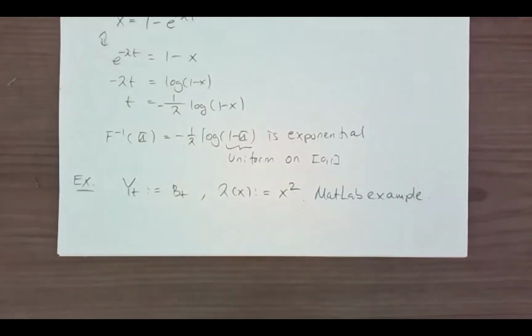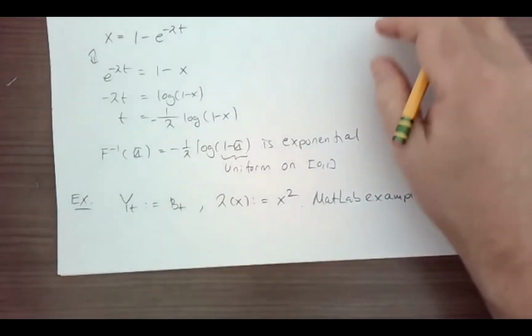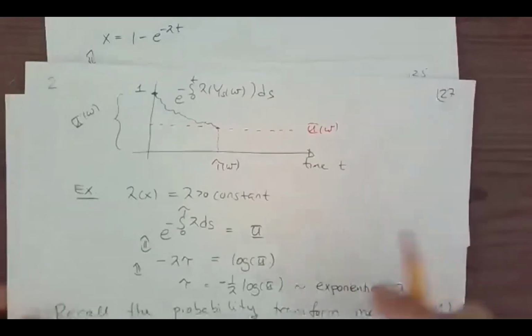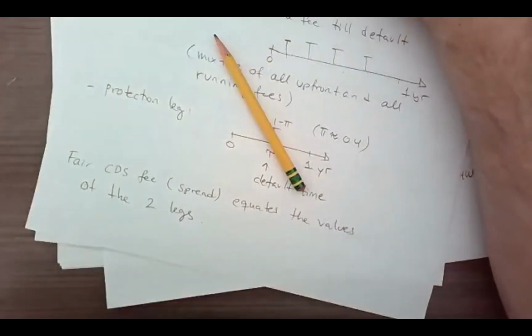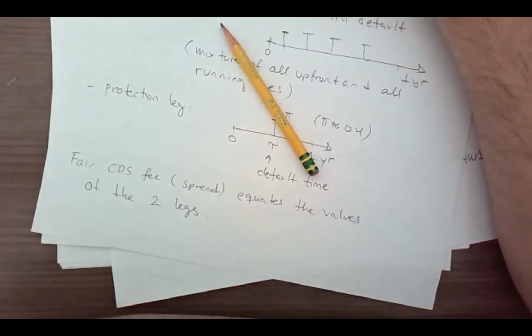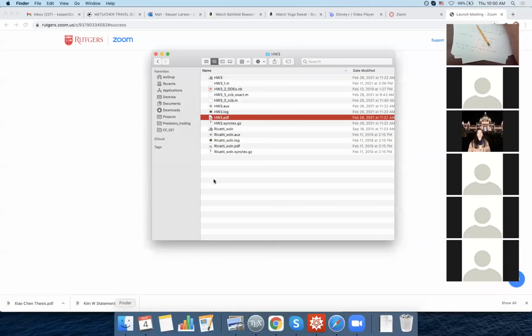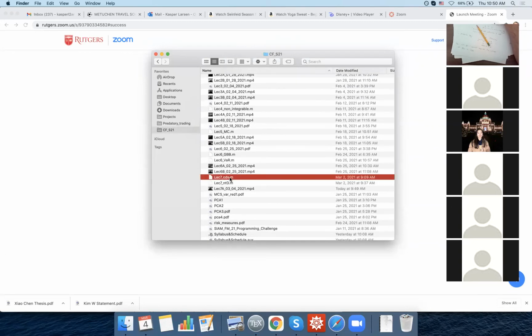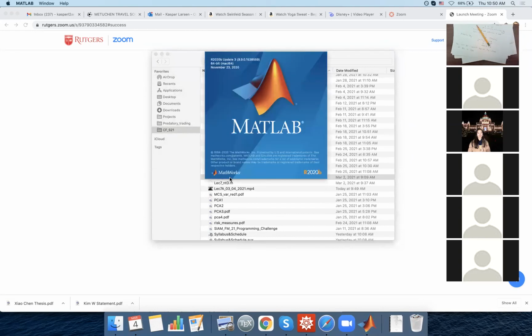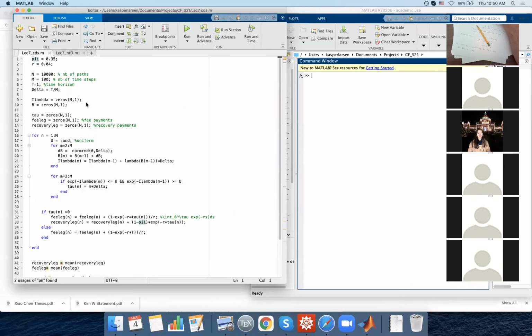So let me end the lecture by showing you how straightforward it is to generate these random variables in a Cox setting. Let me switch over to the MATLAB code. Right, so this is my CDS pricer.